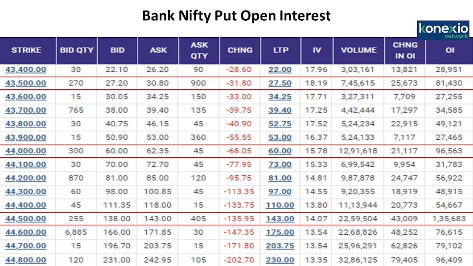Those who are long should try to book profits at the higher levels, and one should avoid going long, and should try to start trading in puts at least for the next week. So overall, looking at the charts and derivative data, the primary trend is very bullish.